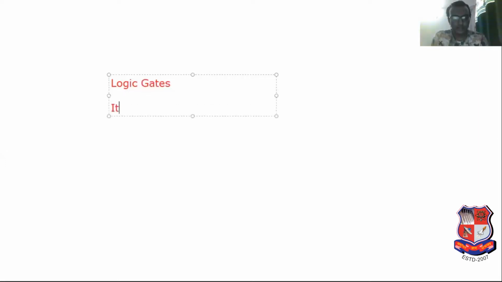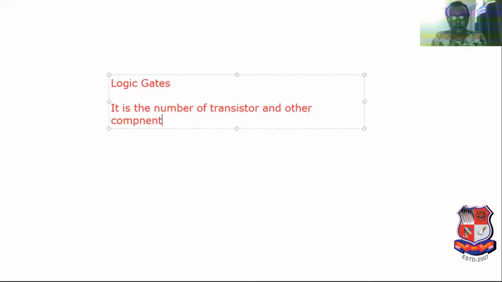A logic gate is a number of transistors and other components connected in an IC.